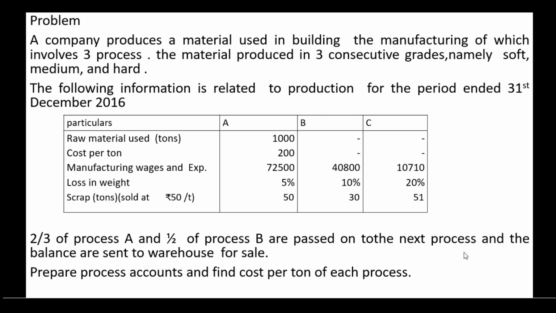Whatever output units balance comes, from that output we have to take 2/3 for the next process in the process A account, and in B we take half as output transferred to the next process. So here we first calculate the total output. From this total output, 2/3 for process A and half of process B are passed to the next process, and the balance is sent to the warehouse for sale.